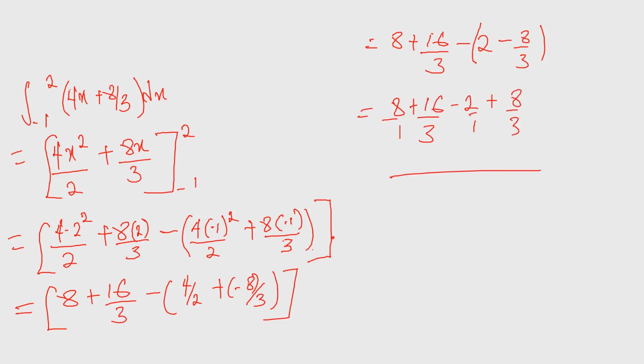Let's find the LCM. We are going to have 24 plus 16, minus 6, plus 8. Upon addition, we have 42 over 3, which is equal to 14, and that is our answer.